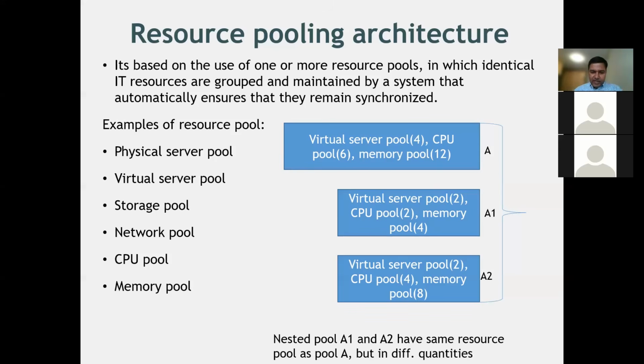Here is an example of a nested pool: a virtual server pool at the top has 4 virtual servers, like 4 VMs, a CPU pool of 6, and a memory pool of 12 GB RAM. In this, A1 has 2, 2, 4 and this one has 2, 4, 8. So together A has a service of 4, 6, and 12.